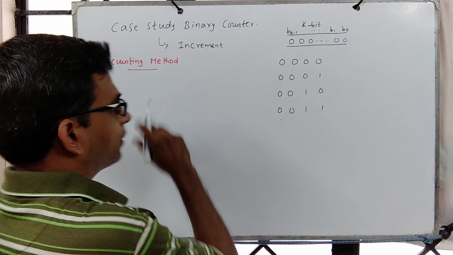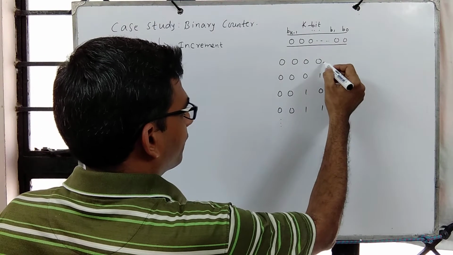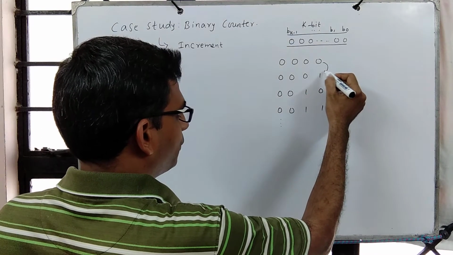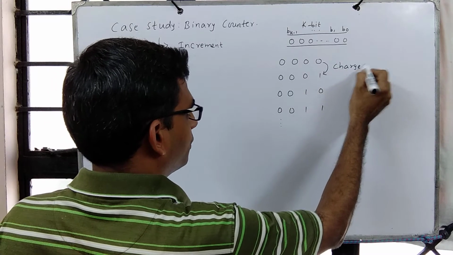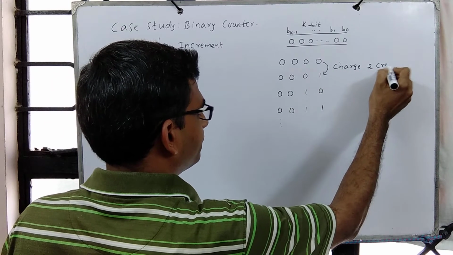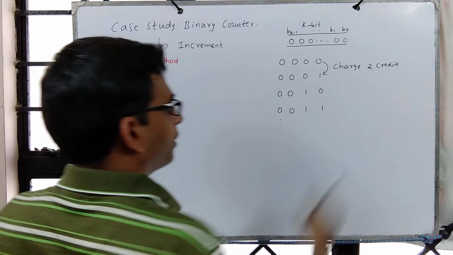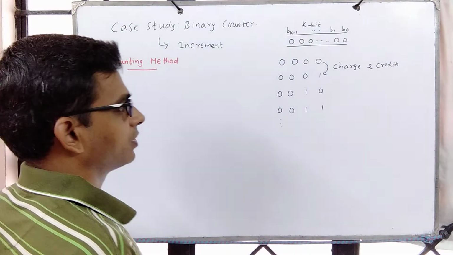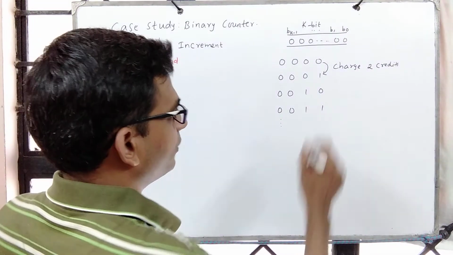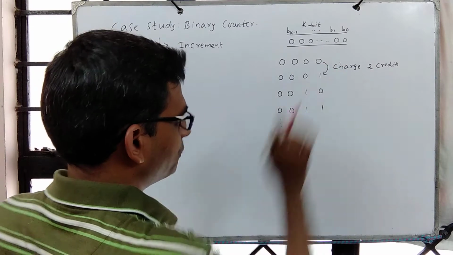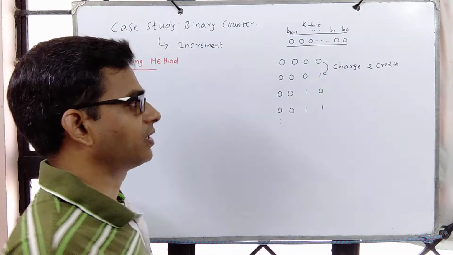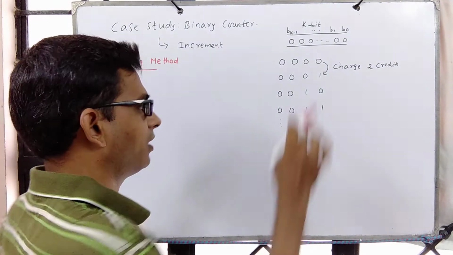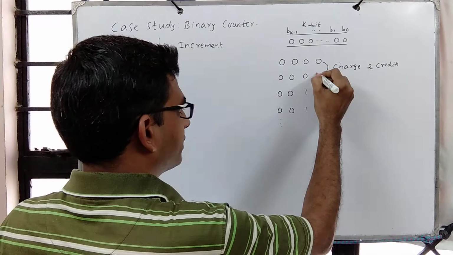So as part of the accounting method, when a 0 is flipped to 1, we charge 2 credits, of which 1 credit will be used for the actual flip and the other credit will be stored with the data structure, or the bit 1 itself.